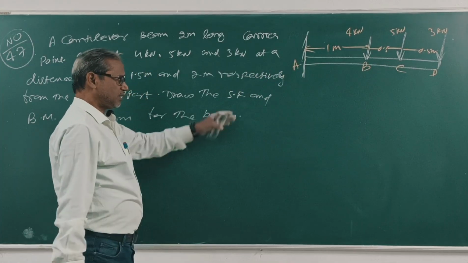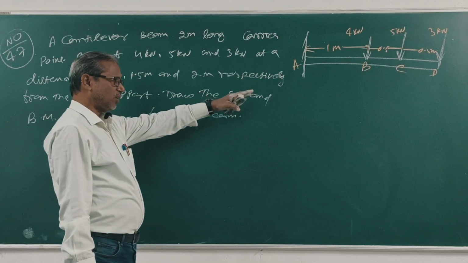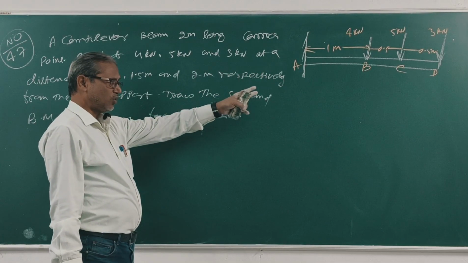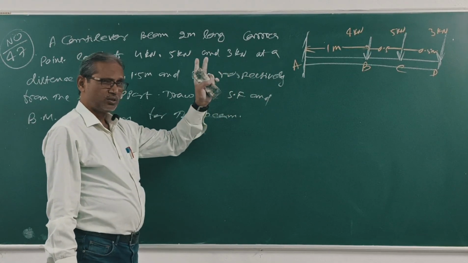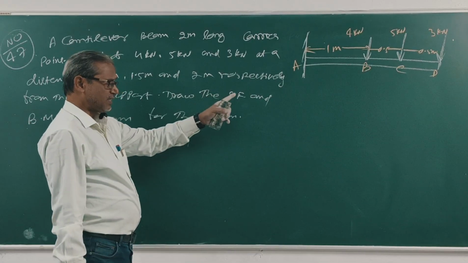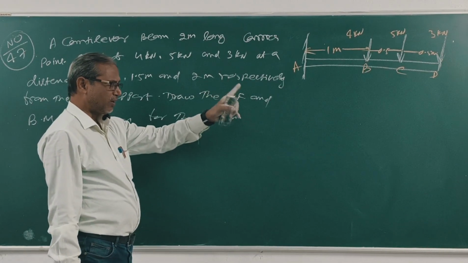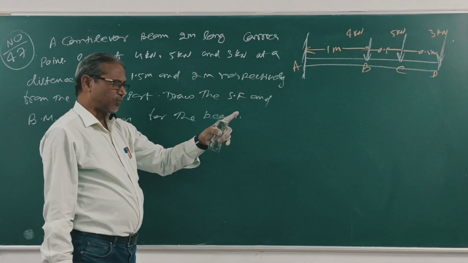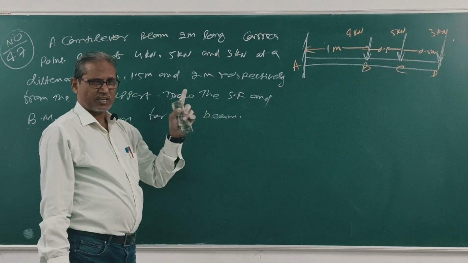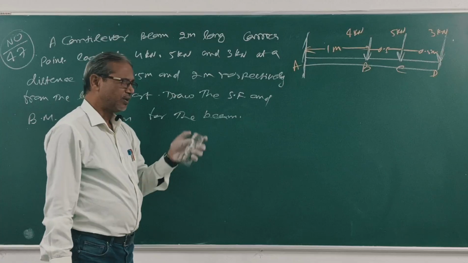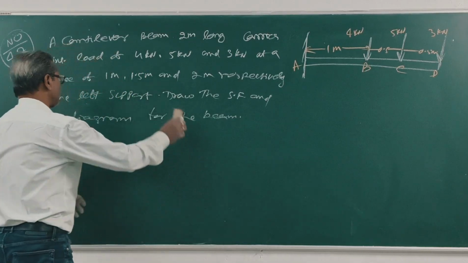The question is, this cantilever beam 2 meter long carries loads 4 kilonewton, 5 kilonewton, 3 kilonewton at a distance 1 meter, 0.5 meter, 1.5 meter and 2 meter from the left support. Draw the shear force and bending moment diagram for the beam. First make the calculation for shear force.